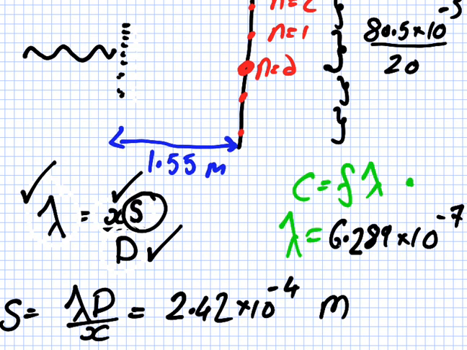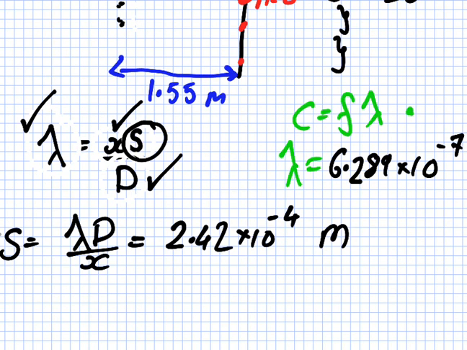Now, what I really like about this question is, firstly, that part is easy, and then, if that wasn't easy enough for you, they ask you to do the same thing again, just with a different number, 1.25. So we do the same thing again, except instead of the 1.55, we put in 1.25.